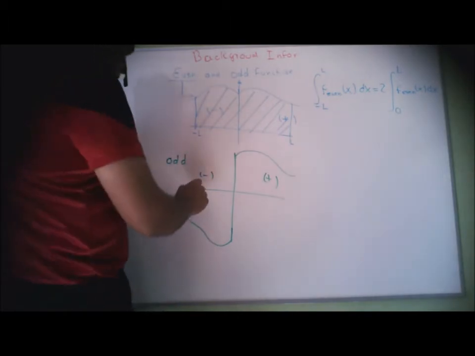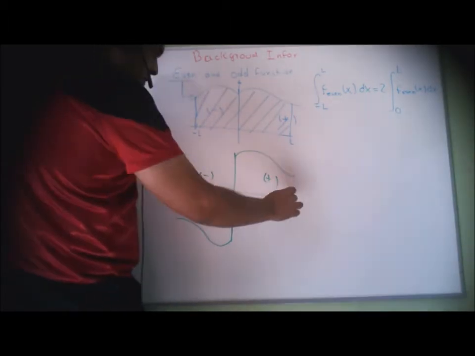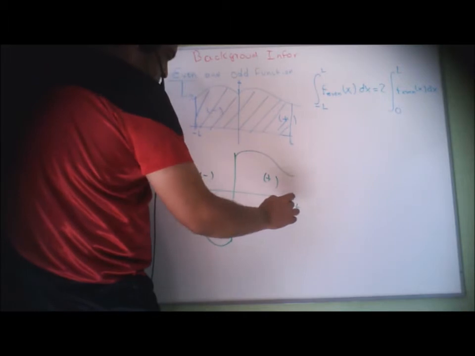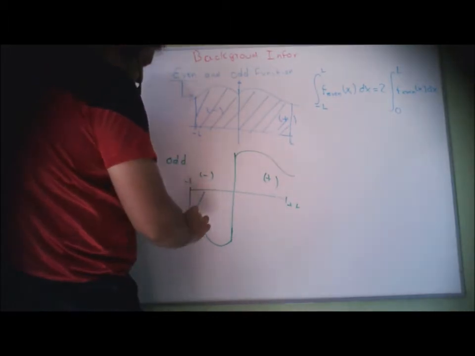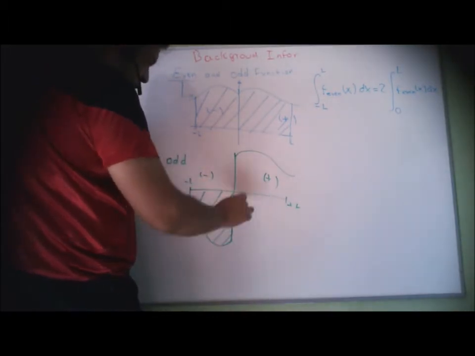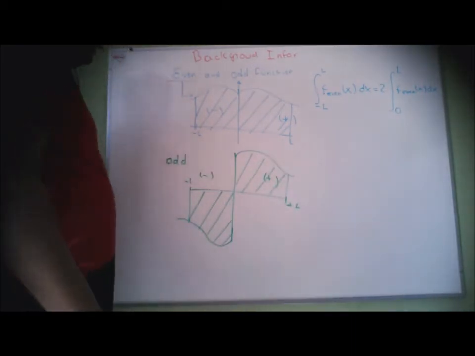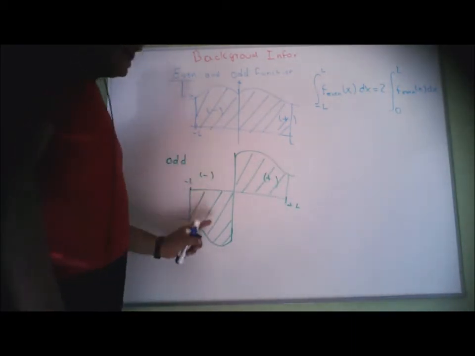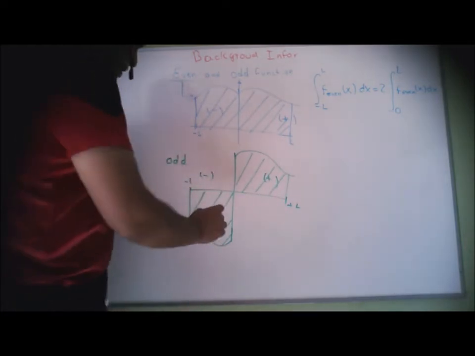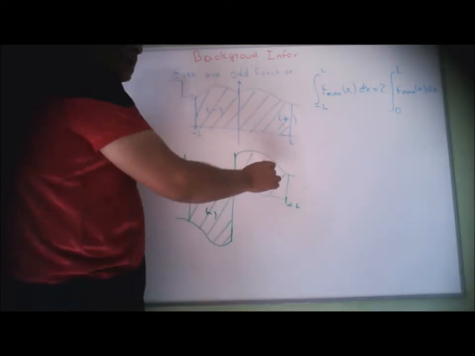Okay, now this is the interesting thing. What happens if you have minus L here and plus L here, and now you are trying to calculate the integral from here to here? Now you may assume what the result is. The integral will be 0 because this is negative area and this is positive area.